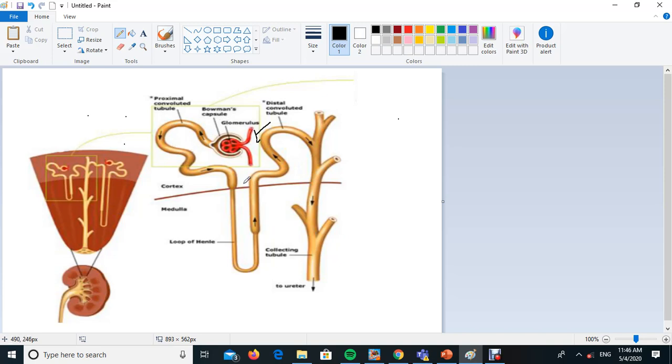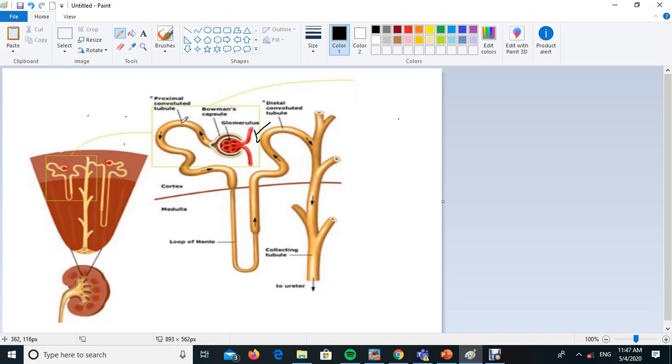So what goes out? Water is squeezed out and goes from the glomerulus to the Bowman's capsule, as water is higher here than in the nephron, so it goes down its concentration gradient. Salts also go out of the glomerulus to the nephrons. Glucose goes out. Urea goes out.